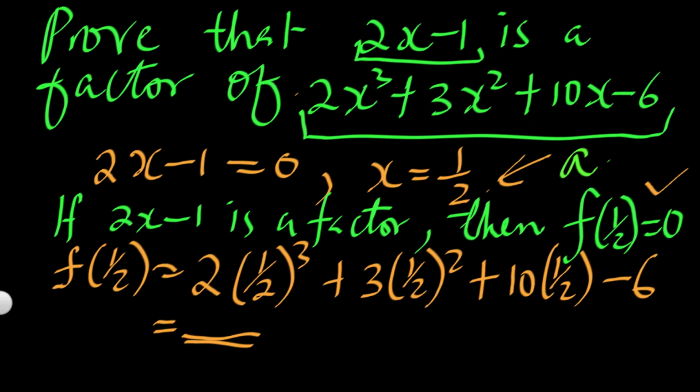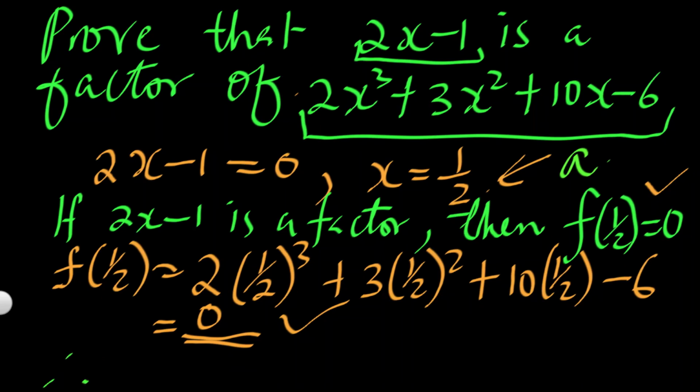Let's see. 2 half cubed plus 3 half squared plus 10 times the half minus 6. We indeed get a 0. Now, after this, I write my conclusion. So I should get a mark for doing this. Then I write my conclusion.